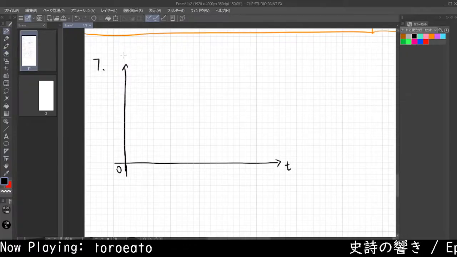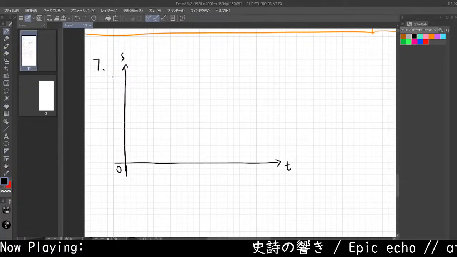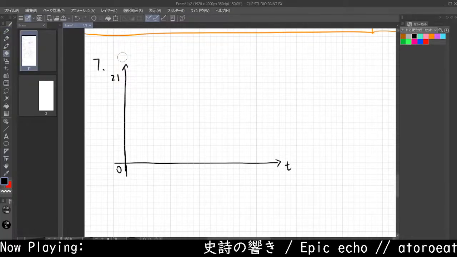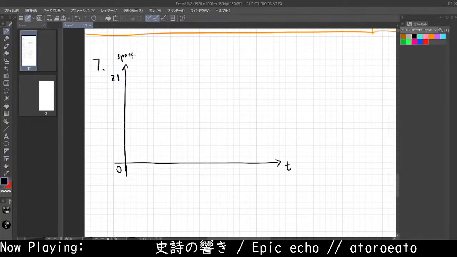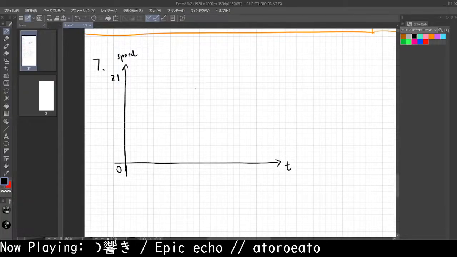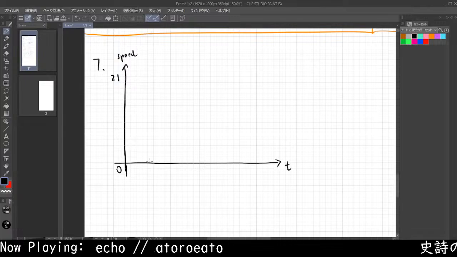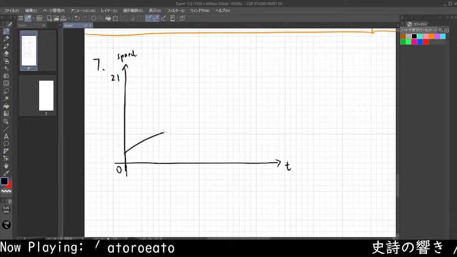this is an ST graph, speed-time graph. It's different. S is speed-ish, not to be confused with displacement.